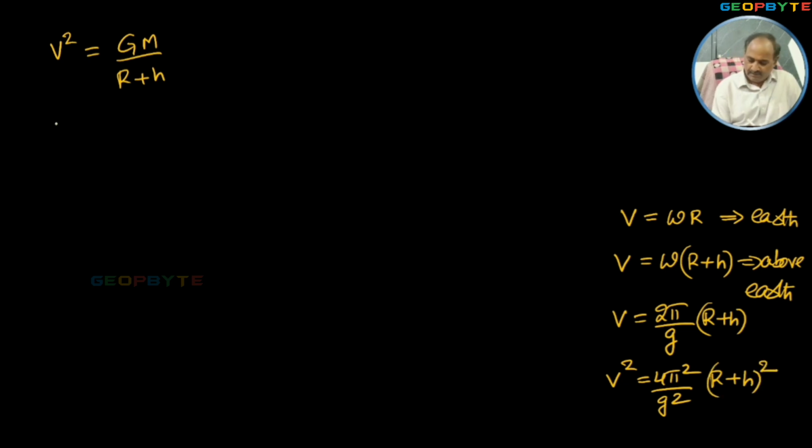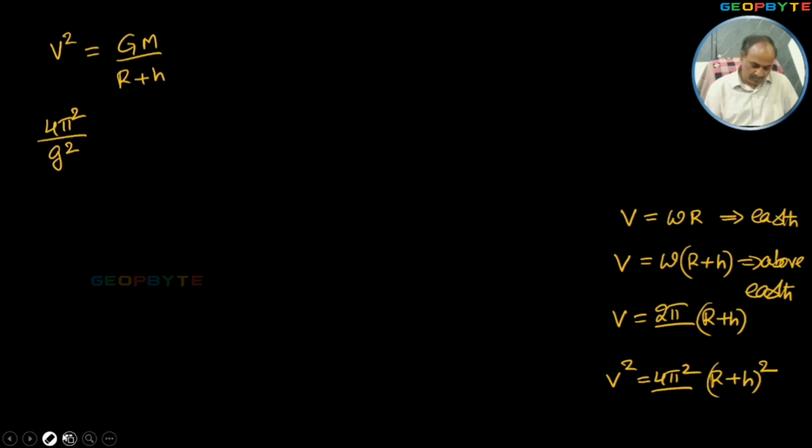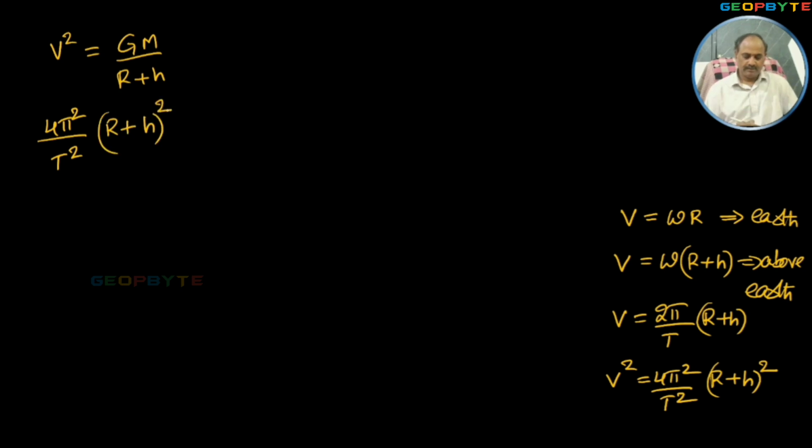So in the place of v square, let me write that value: 2 pi by T, not g, 2 pi by T. This 2 pi by T, you should be very careful. (2 pi by T) square into (r plus h) whole square is equal to GM by r plus h.